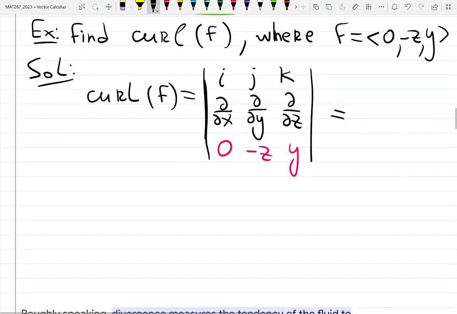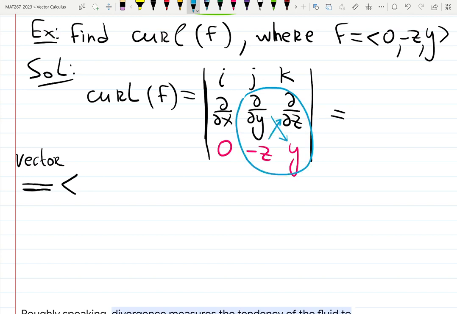Like so. And now you start actually calculating it. So again, it should be a vector, remember that, not a number. Curl is a vector. So we have a cross product.